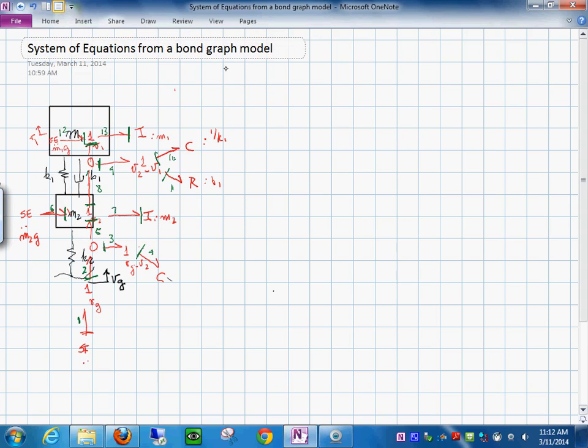I am going to call the first one equations using the individual constitutive laws.